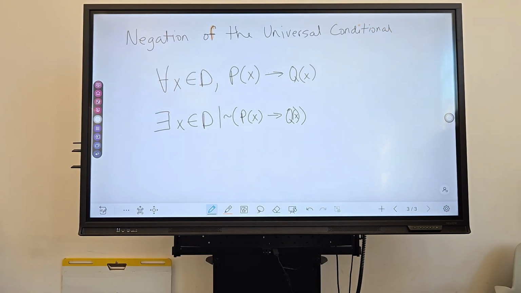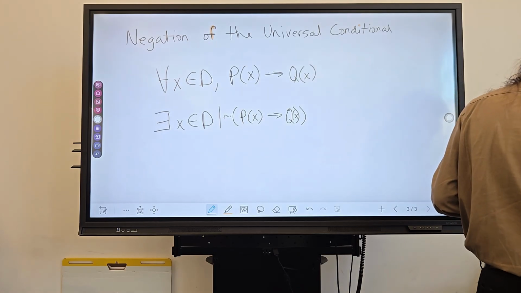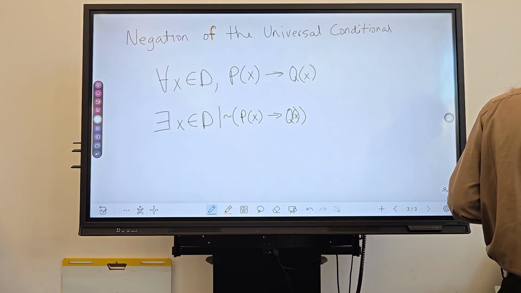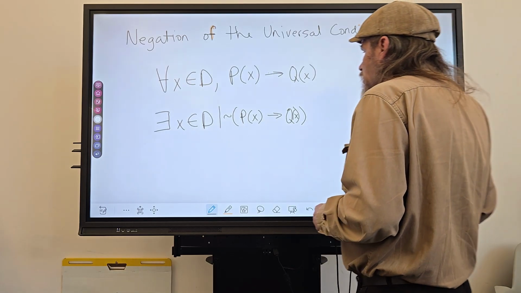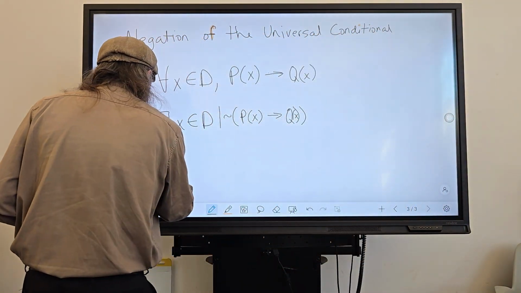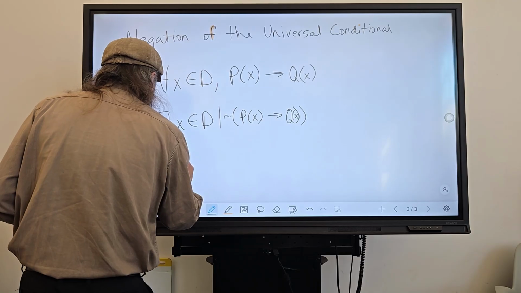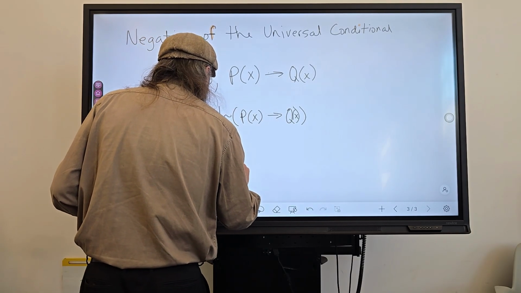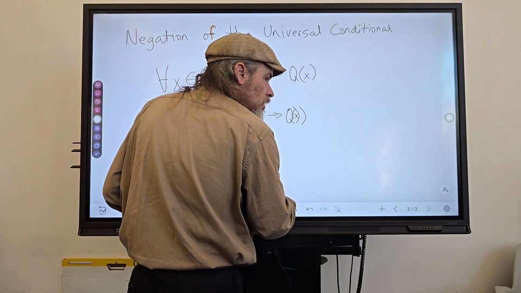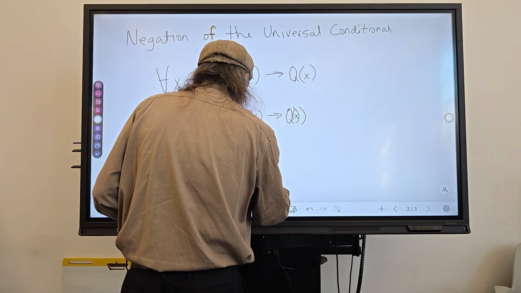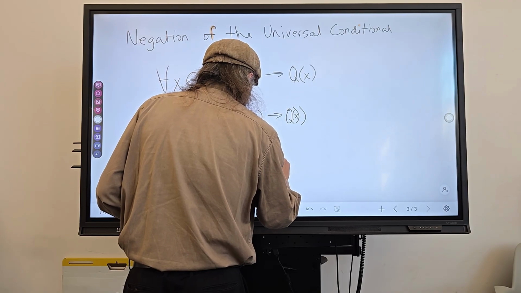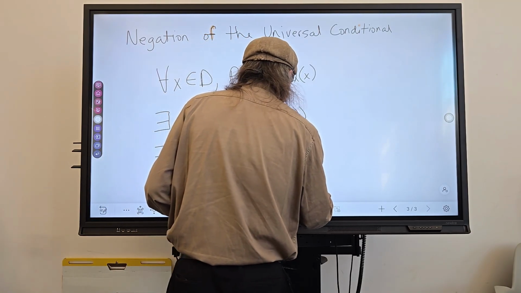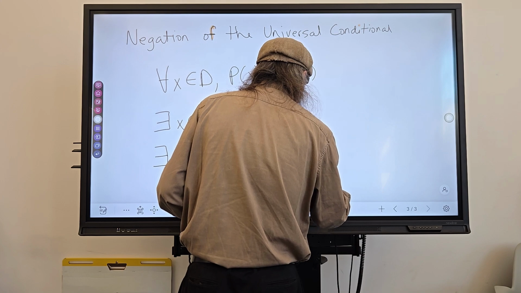But since the negation of a conditional can be rewritten in a simpler form with fewer parentheses, this becomes there exists an x in D such that P of x and not Q of x.